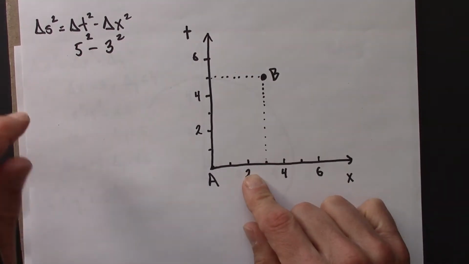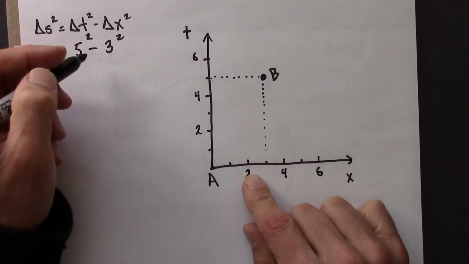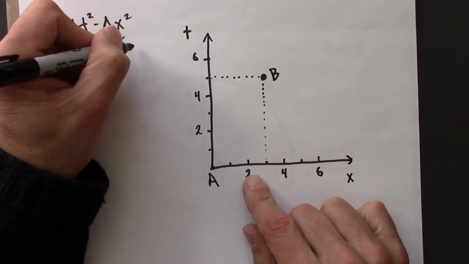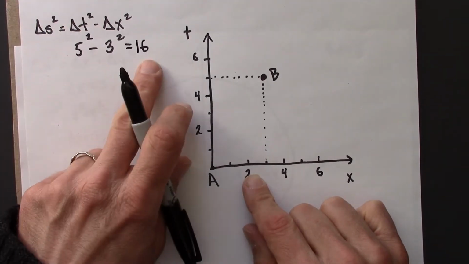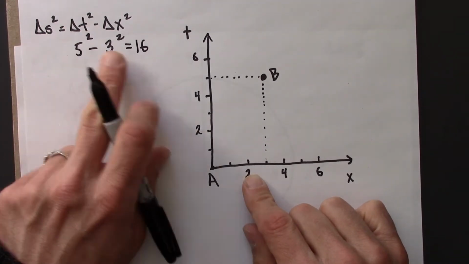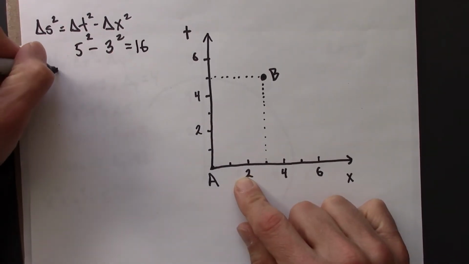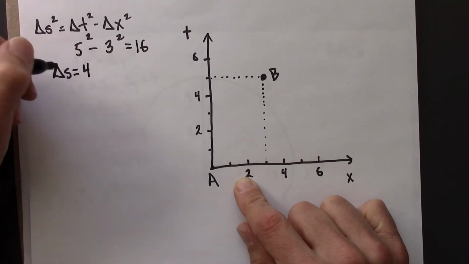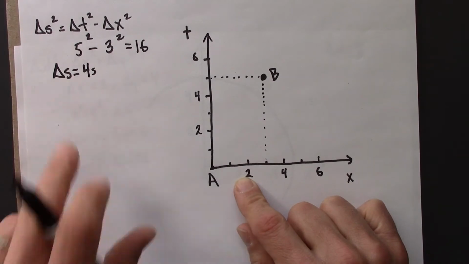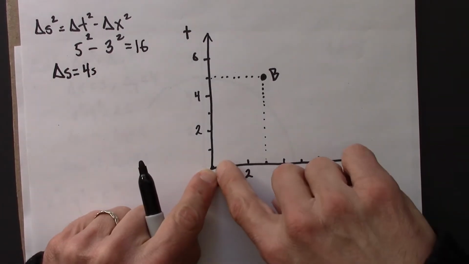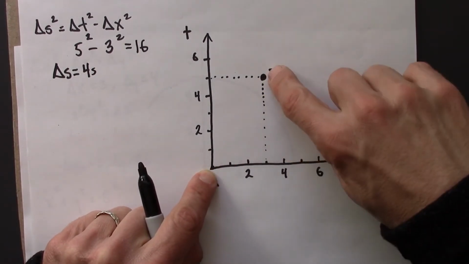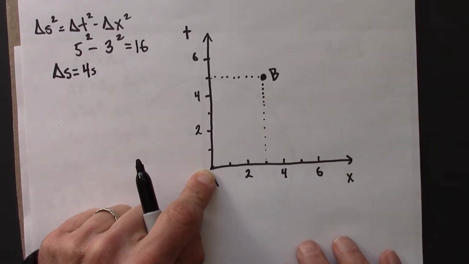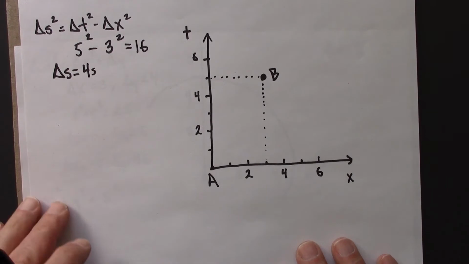All right. So this is 25 minus 9, which is 16. So delta s squared is 16. That means that delta s is 4. I'll put seconds on. So this space-time interval is 4 seconds. All right.